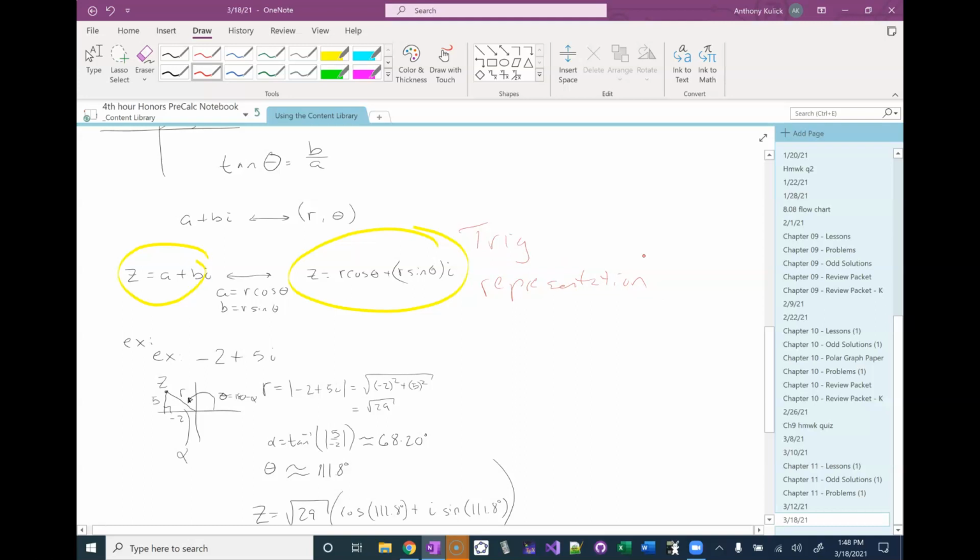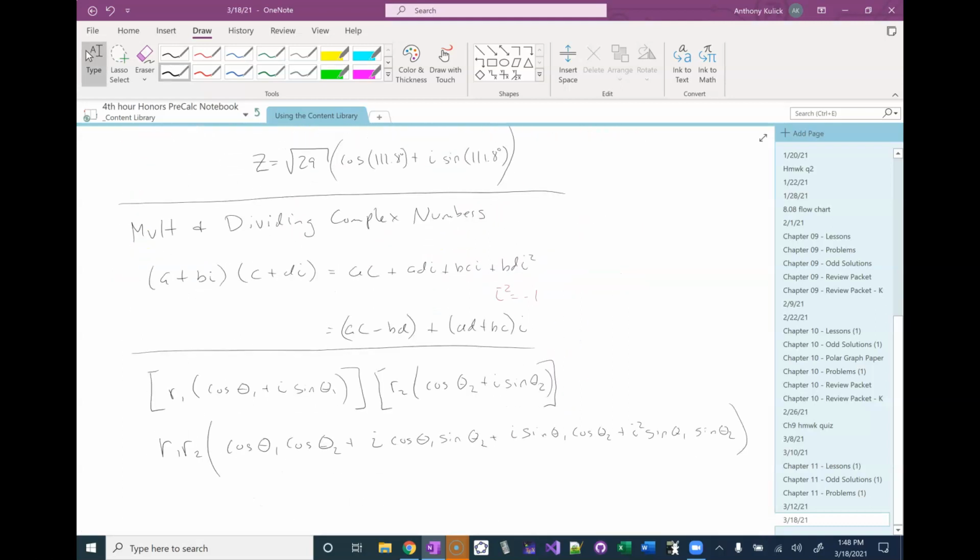We're going to create a shortcut here to do the multiplication in this representation. As you might be thinking, why do we need two ways to represent a complex number? What we're going to find real quick is that the trigonometric representation makes multiplication and division really easy. We just need to develop the shortcut, which is what we're doing right now. Okay?